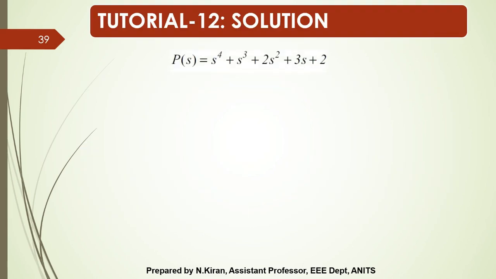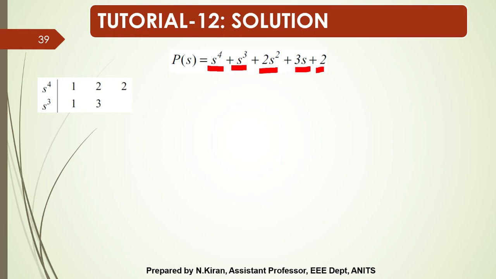Since the highest power is s power 4, an even term, first we write the coefficients of the even terms 1, 2 and 2, then the coefficients of the odd terms 1 and 3.